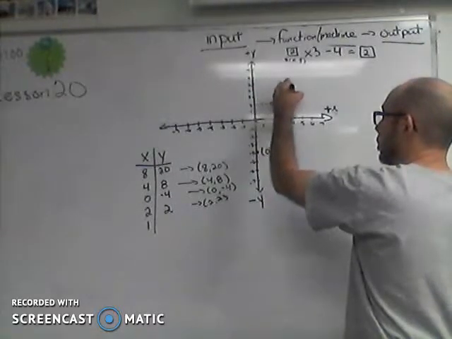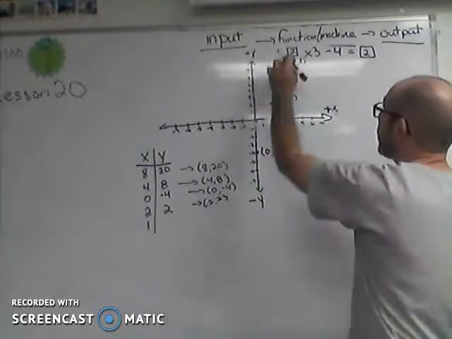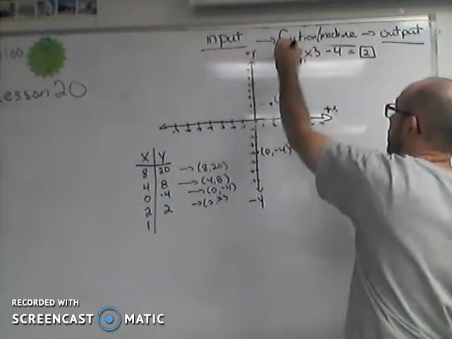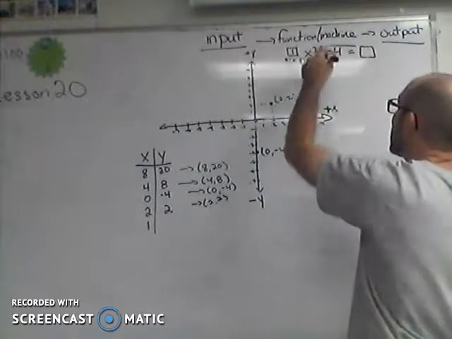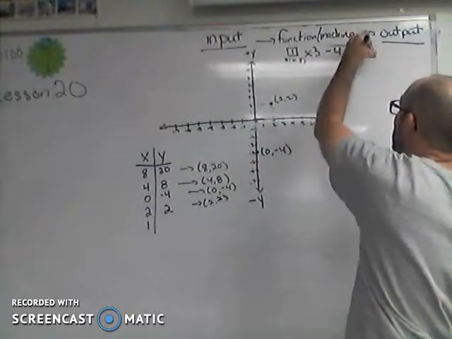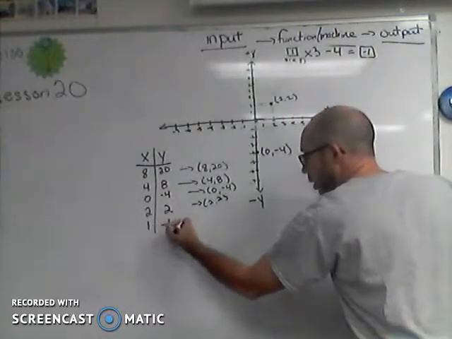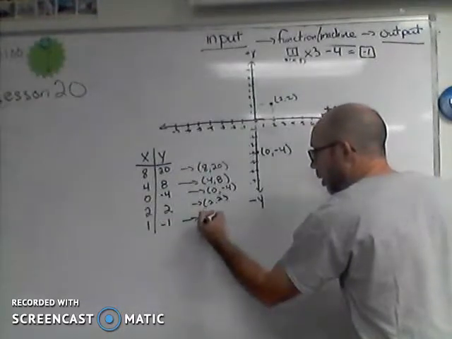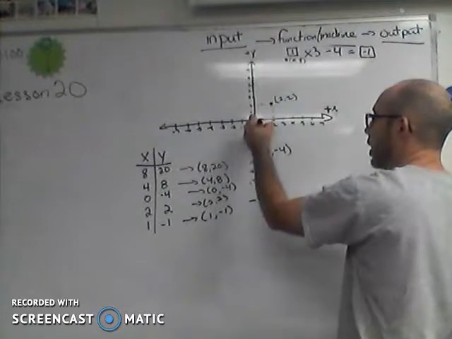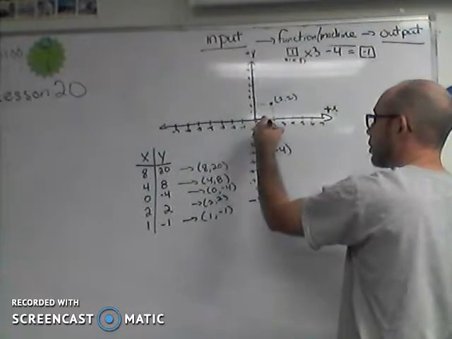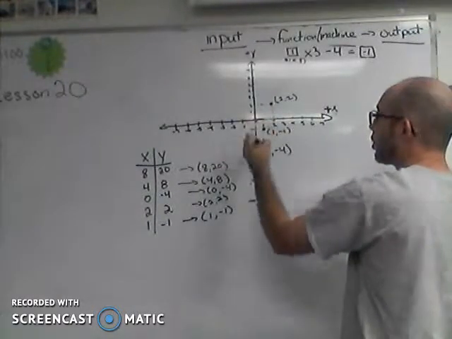And then the last one, if you plug in a 1, 1 times 3 is 3. 3 minus 4 will give us negative 1, which generates the ordered pair 1, negative 1. We go out to 1 and we go down 1. And there we go, put a dot.